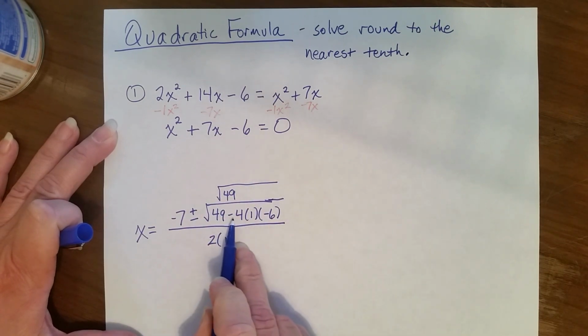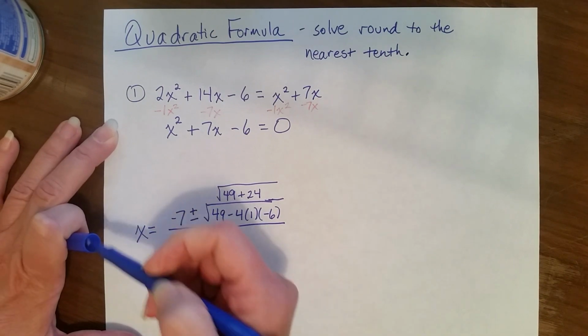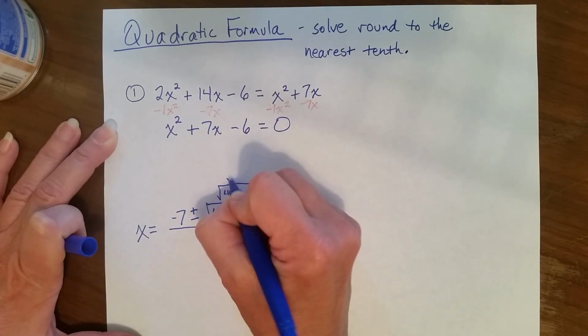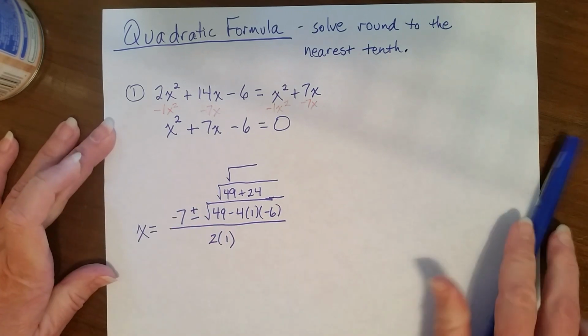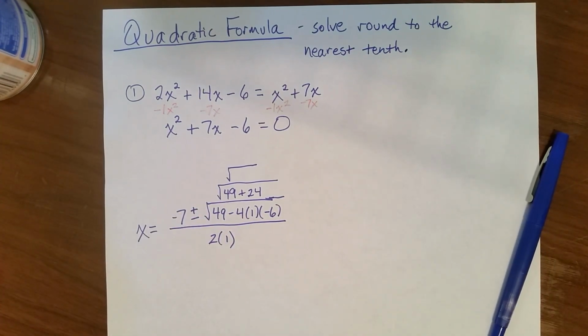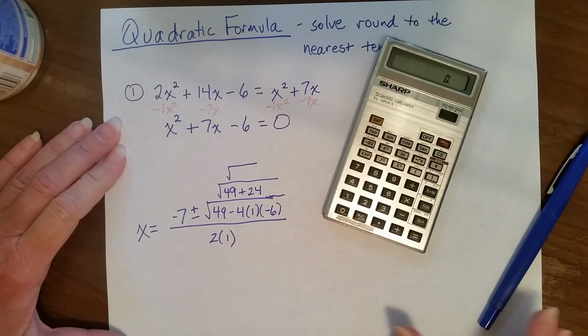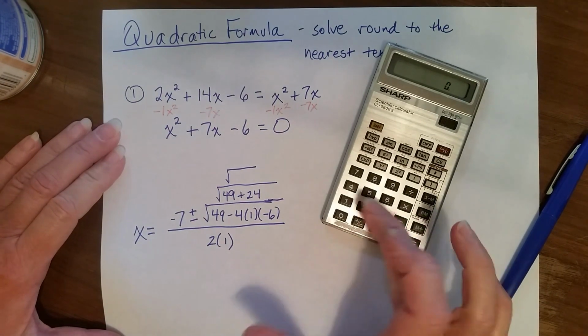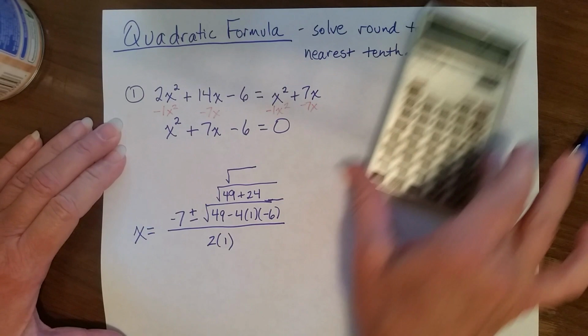Now I know a negative times a negative is going to be a plus 24. So 49 plus 24. Well, let's just see what that's going to be. I know what that is. It's going to be 73. But so that we don't make an arithmetic error, always feel free, you can always use your calculator on these. So we have 49 plus 24, and we get 73.